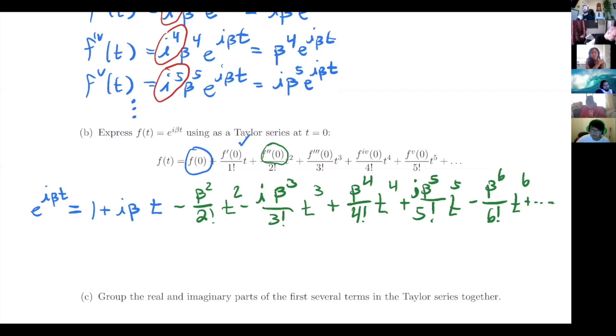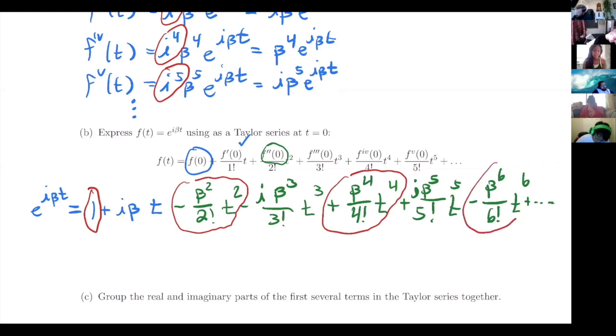that we're observing here. And if we group the real terms that I'll circle in red, so that doesn't have an imaginary number in it, that doesn't have an imaginary number in it, and so on, what we can see is that all of the even powered terms of t are real. So I can group all of those together.